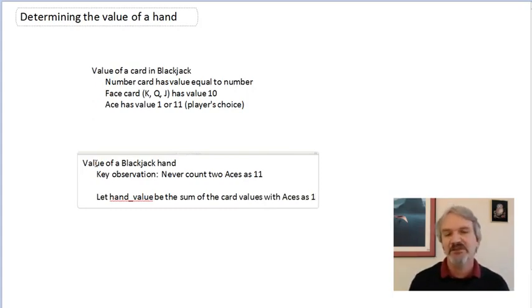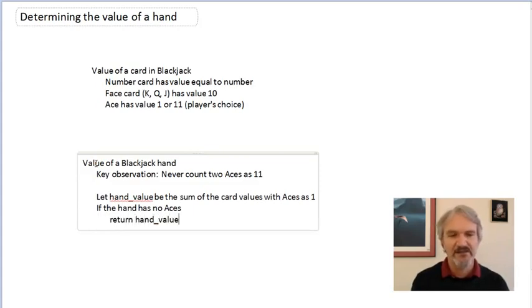Now we have to do a little bit of logic. If the hand has no aces, we just return hand value. That's easy enough. Of course, the question is what happens if we have an ace? Remember, the worst we're going to do is count 1 ace as 11. We're not going to count 2 aces as 11.